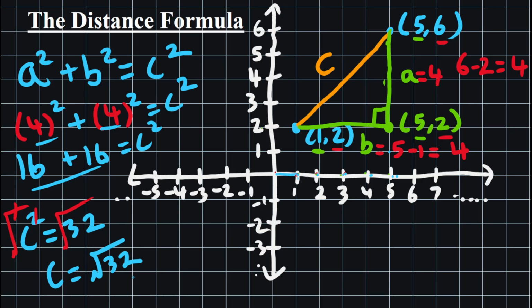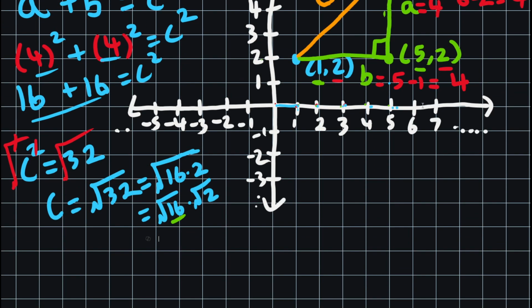So that's radical 32. And we could actually simplify this if we wanted, because radical 32 is radical 16 times 2, according to the product rule for radicals. And this comes out to radical 16 times radical 2. And radical 16 we know is 4, so let's scroll down a little bit.